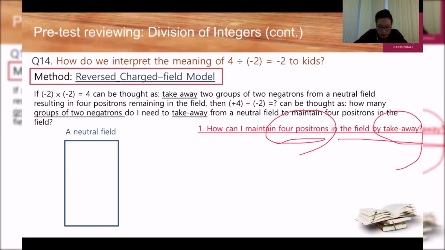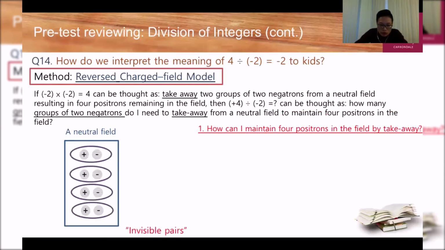Obviously I have nothing to take away from the field, so I have to use the invisible pairs. Because I want to maintain 4 positrons in the field, at least I will need 4 invisible pairs in the field right now, just like you see like this, okay?